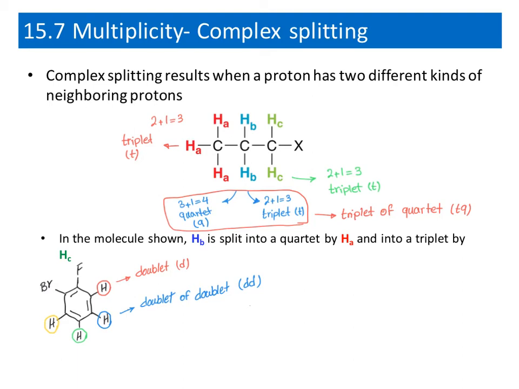Now how about the green proton? Again, the same scenario. This hydrogen is connected to the carbon, and on the neighboring carbons we have two different protons. So we are going to see doublet of doublet for the green hydrogen as well.